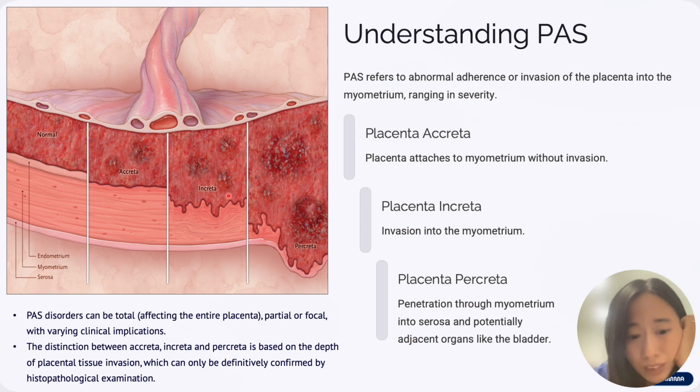This invasion could be total, where the whole placenta is attached across the whole of the womb where the placenta attachment is, or it could be just partial or focal in one side and completely normal attachment on the rest of the areas. It will determine how it affects the management. If it is the whole layer, it might not bleed, but the placenta cannot be removed or separated, and it might need hysterectomy.